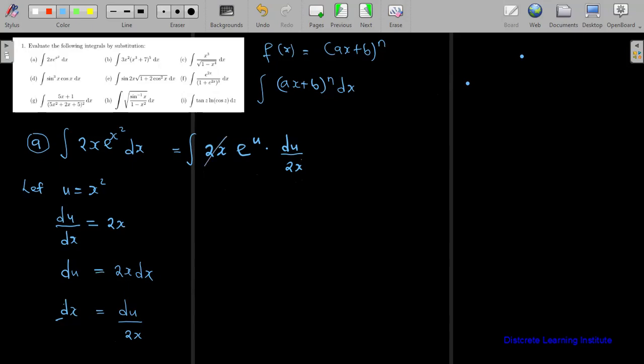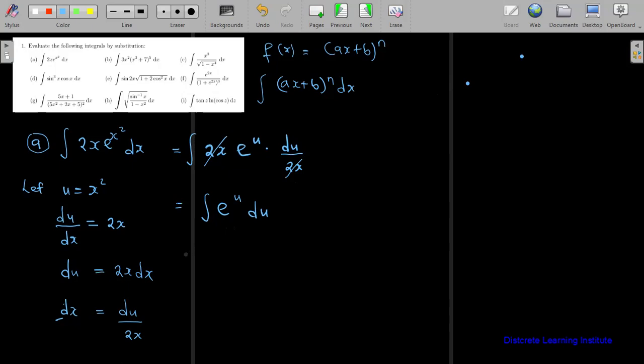The 2x and the 2x go, and then you have the integral of e to the power u du. So you've changed the integral from an integral in terms of x to an integral in terms of u. That's the whole purpose of using the u substitution. After you change that integral, you can now simplify your expression by asking what is the integral of e to the power u.